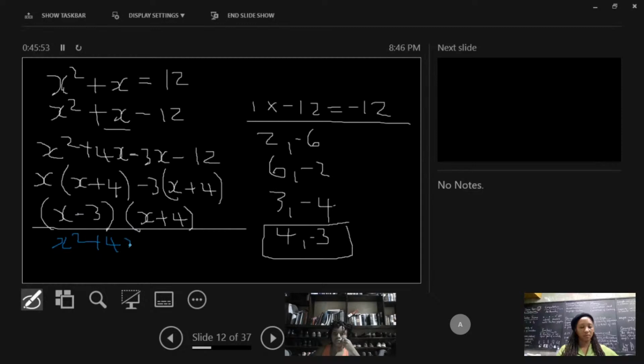Negative 3 times x is negative 3x, and negative 3 times 4 is negative 12. And now we can simplify to x squared plus 4x minus 3x is 1x or x, so plus x minus 12. Okay, very good. Yes, Miss.